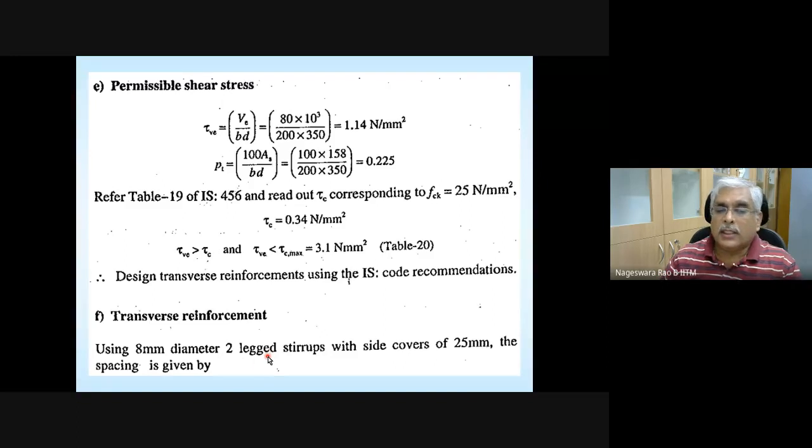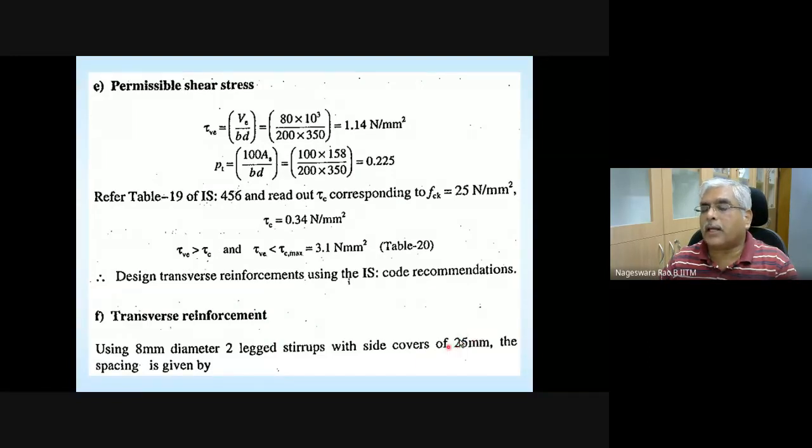Here, when you are designing transverse reinforcement, either you can assume some diameter of the bars and arrive at the spacing, or you can fix the spacing of the bars and arrive at the cross-sectional area. Either way you can do. Here it is assumed 8 mm diameter bars, 2-legged stirrups, and side cover is assumed to be 25 mm.